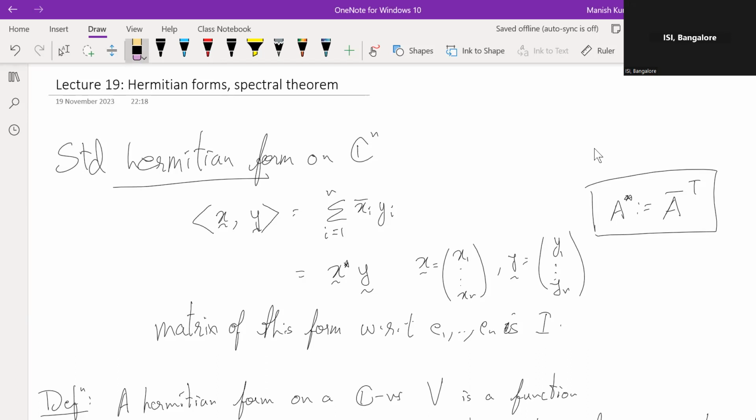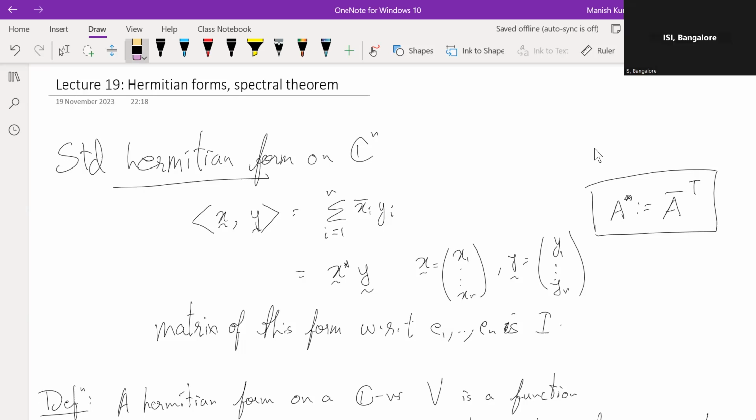So a standard Hermitian form on C^n is, if you have two vectors x and y in C^n, then this is a pairing which gives you a complex number, the summation from i equals 1 to n of x_i bar y_i. So x is this and y is this.